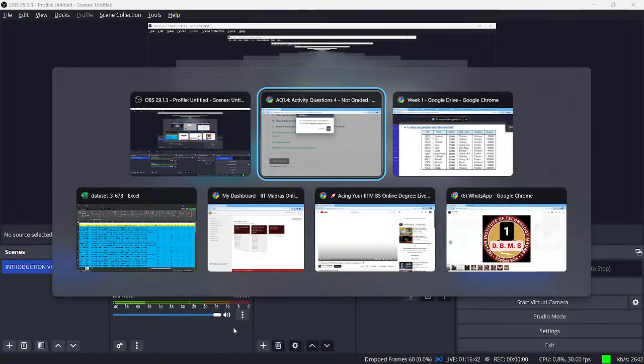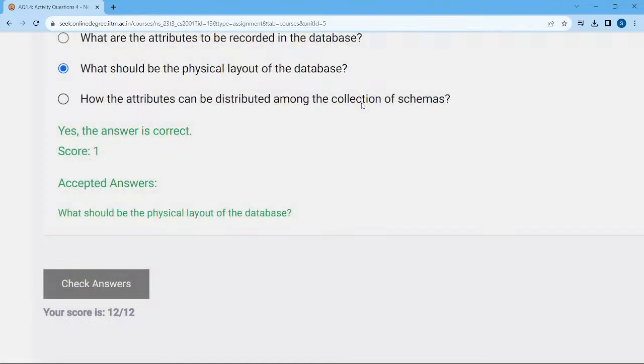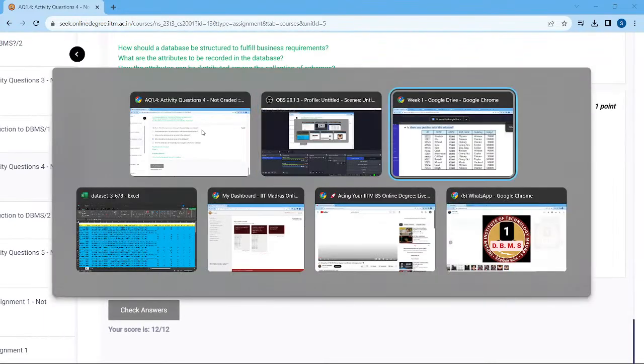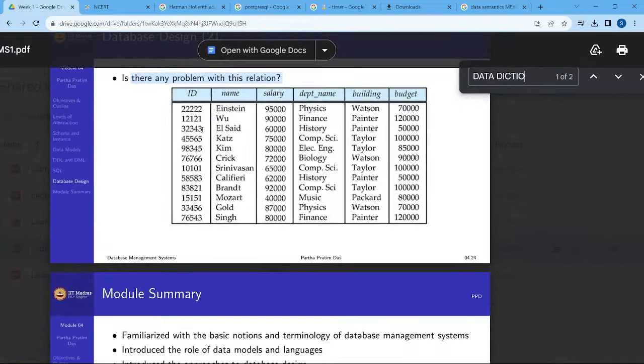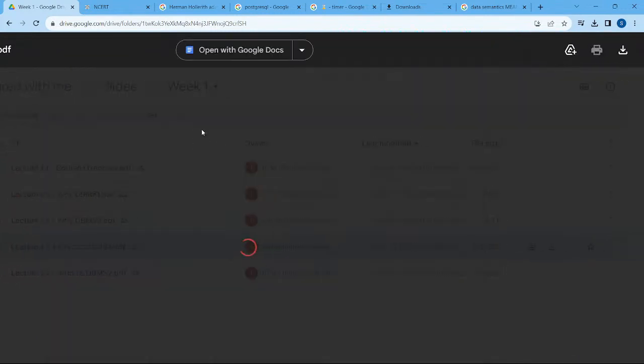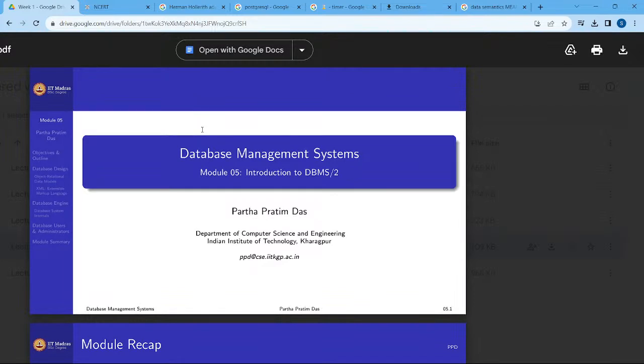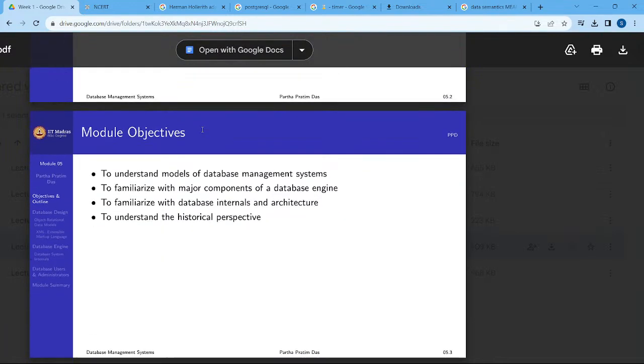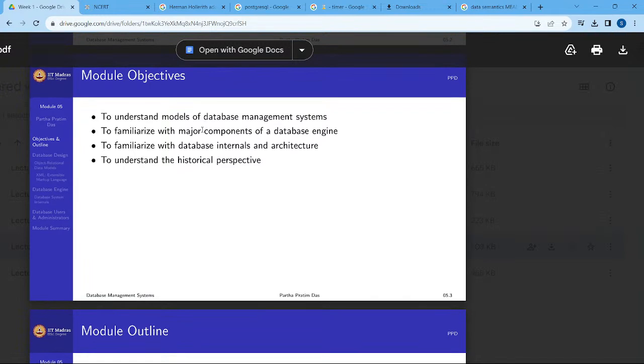Okay, so let's move to 1.5, right? The last PPT. 1.5 being the last PPT. Let's move to 1.5, Introduction to DBMS 2. Module recap, module objective. What is the objective of this module?